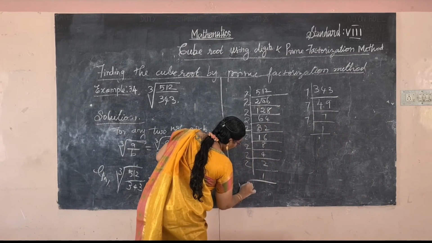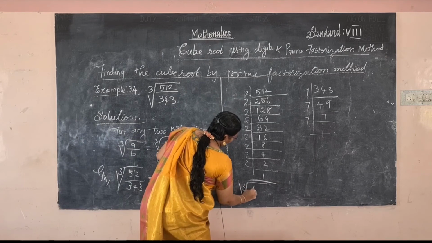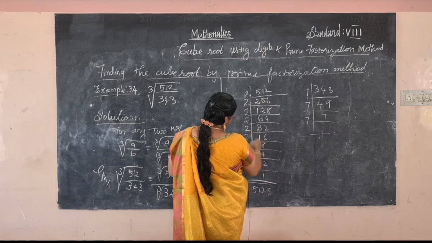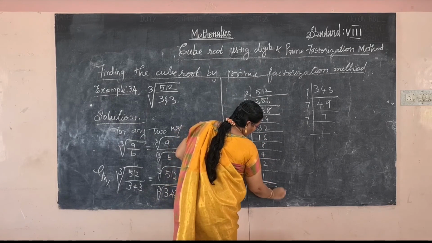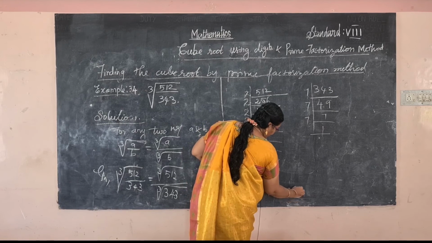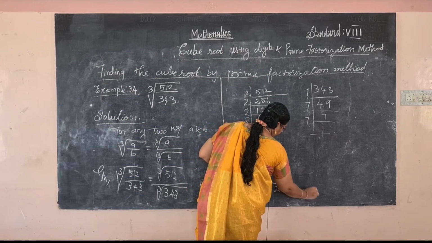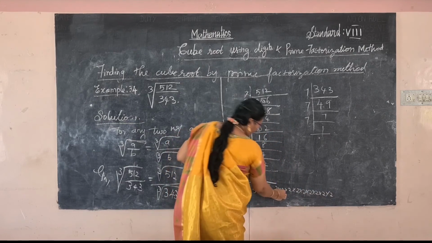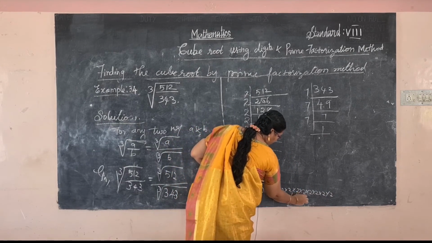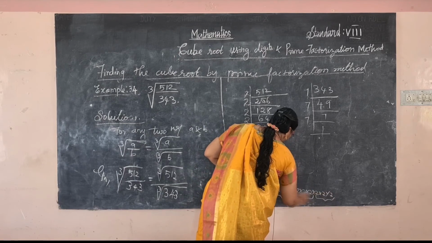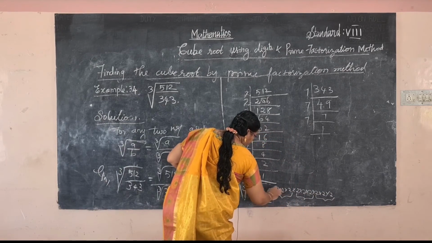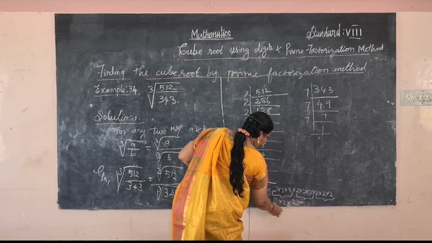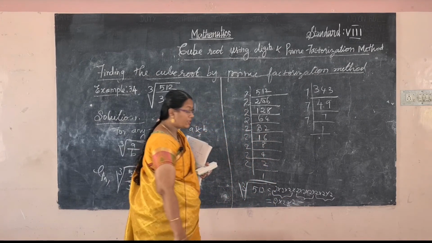So therefore the cube root of 512 is equal to, what are the factors? How many times is the 2 repeated? 9 times. So for the cube root we take one from each triplet, and we get 2 into 2 into 2. 2 twos are 4, 4 twos are 8.